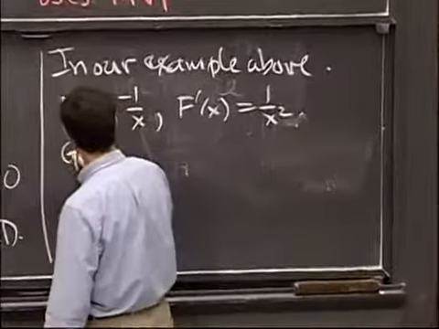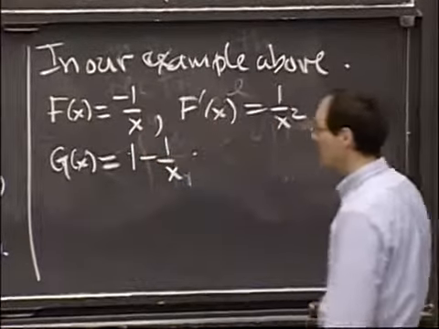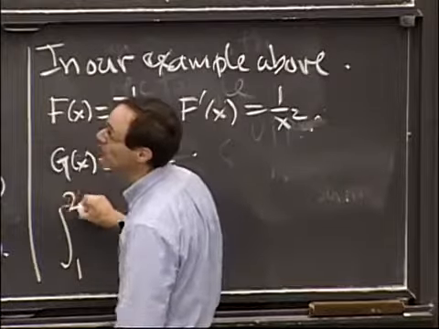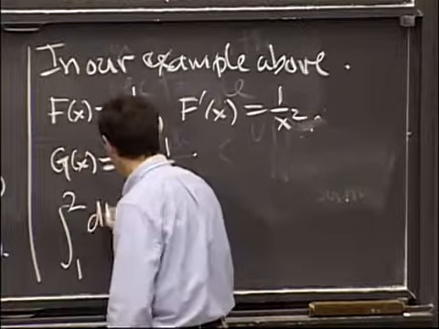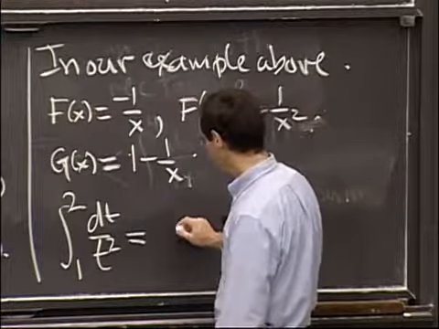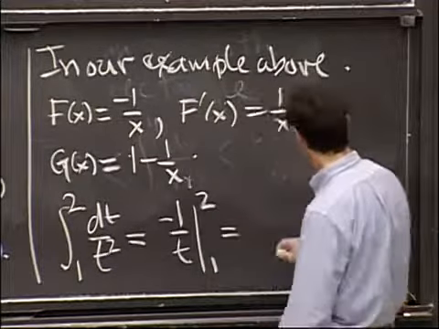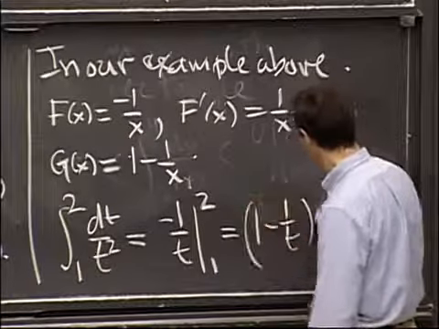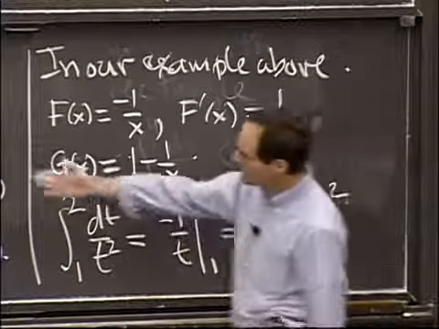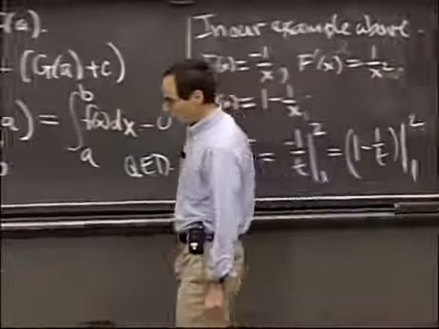And say g of x is equal to 1 minus 1 over x. And you can see that either way you do that, if you integrate from 1 to 2, let's say, which is what we had over there, dt over t squared, you're going to get either minus 1 over t from 1 to 2, or, if you like, 1 minus 1 over t from 1 to 2. So this is the f version. This is the g version. And that's what plays itself out here in this general proof.